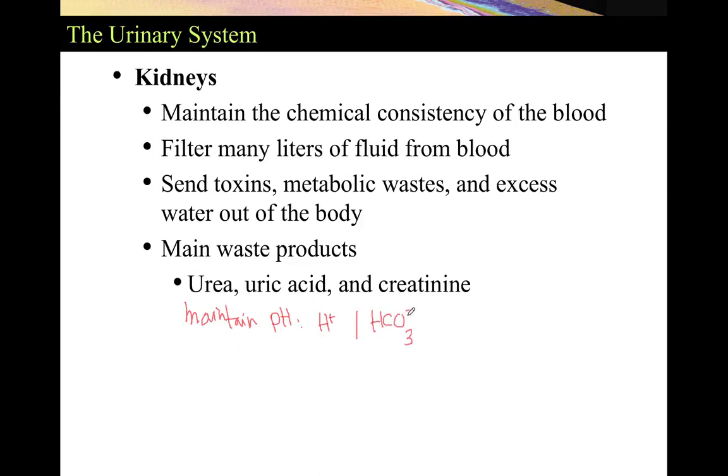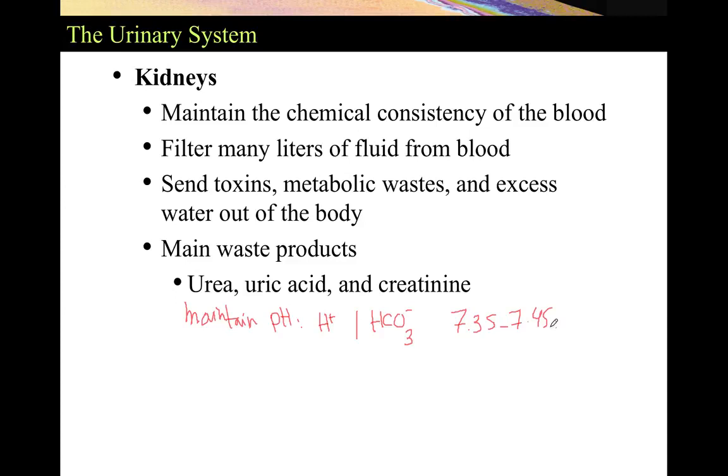If you remember from our previous lectures, your blood pH is a magic number between 7.35 and 7.45. If you have fluctuation either below or above this number, the urinary system is one of the systems that will help significantly to maintain that level.